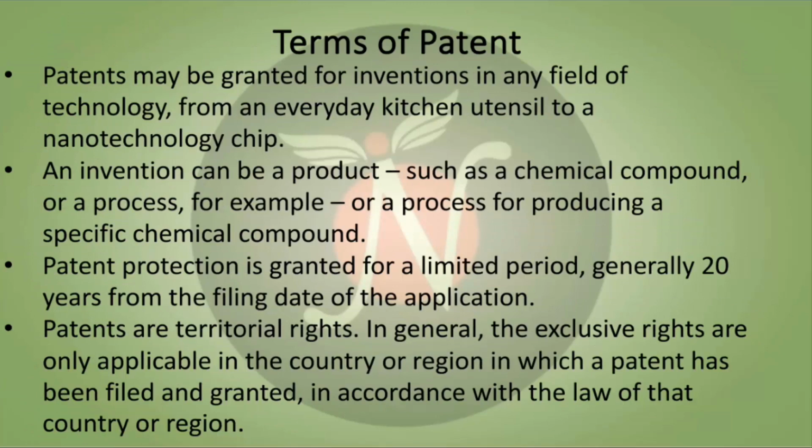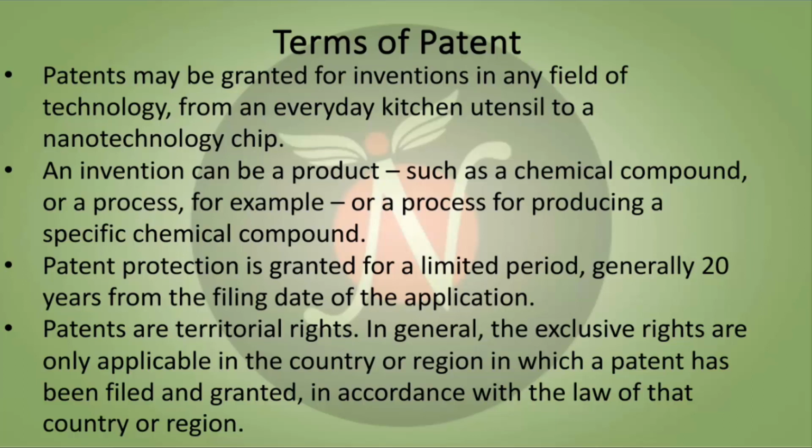Now, what are the terms of the patent? Patents may be granted for inventions in any field of technology, from an everyday kitchen utensil to a nanotechnology chip. An invention can be a product such as a chemical compound or a process, for example, for producing a specific chemical compound.